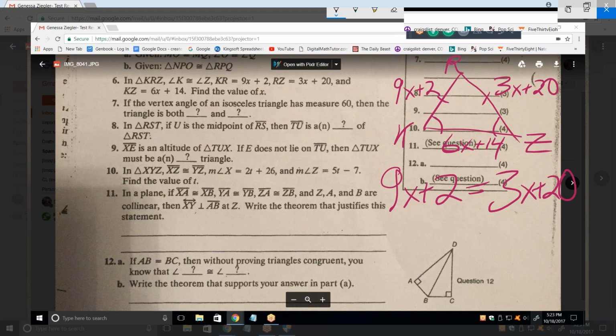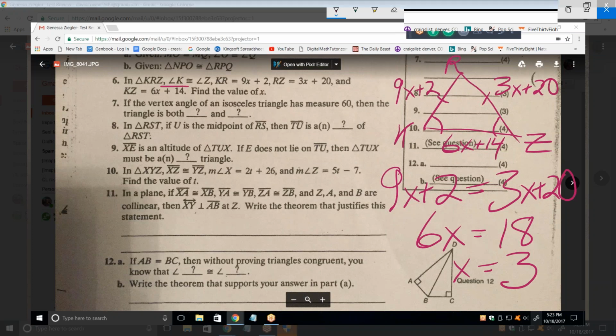You subtract 3x from both sides, so it'd be 6x plus 2 equals 20, or 18. 6x equals 18. And then x equals 3. Once you know x equals 3, that's the answer to the problem.